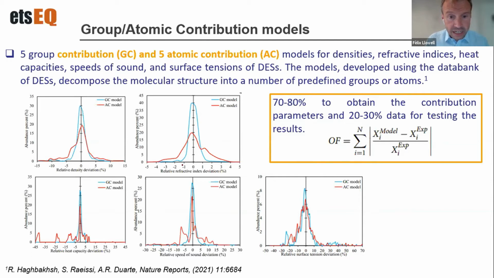For the density and the refractive indices, the deviations were very low, obtaining the highest deviations in properties such as the heat capacity and the surface tension, also due to the lack of experimental data. This is one of the main disadvantages of this type of studies. They require a large amount of data.